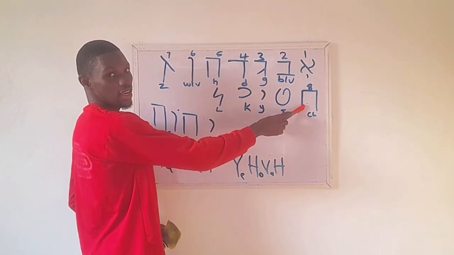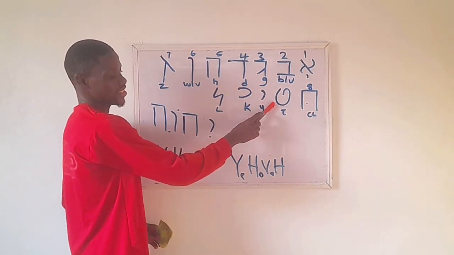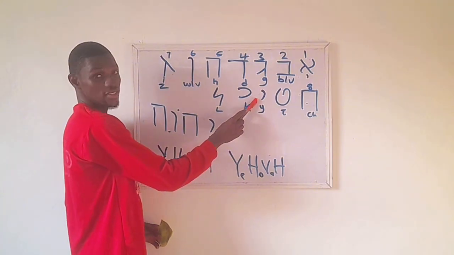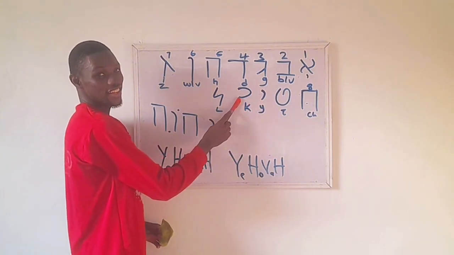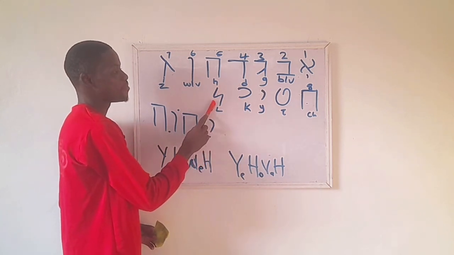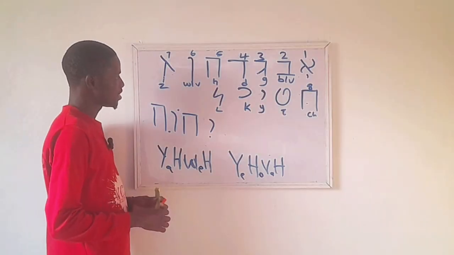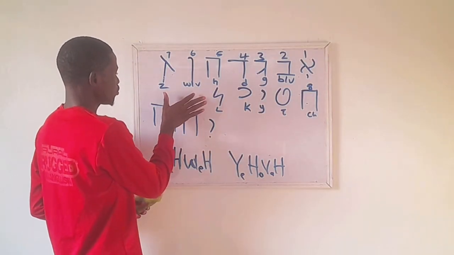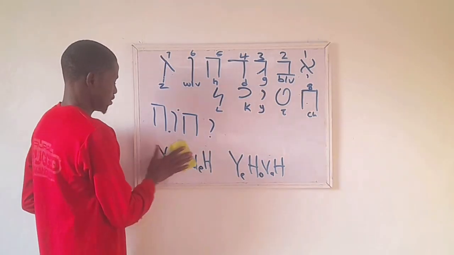This is Kate. This is Tet. This is Yod. This is Calf. This is Lamed. All right. Let me add two more here, just one here and the other one here, and then we close.